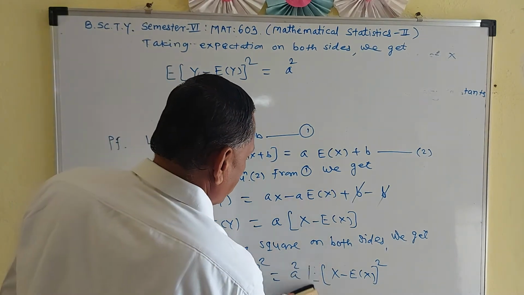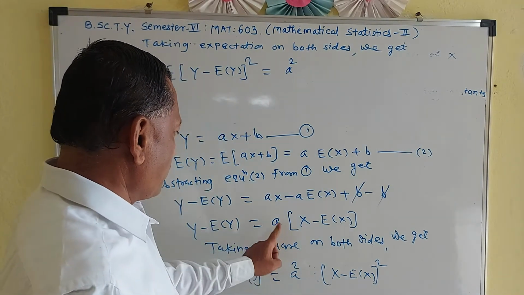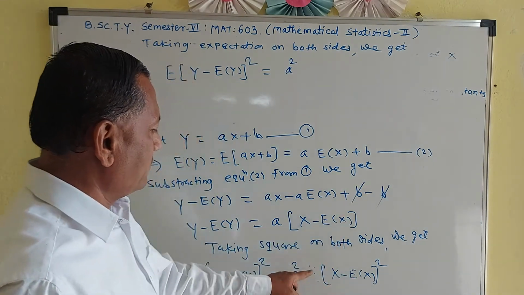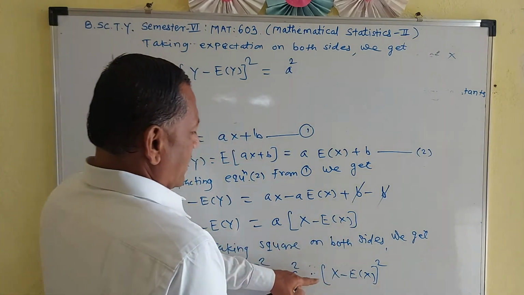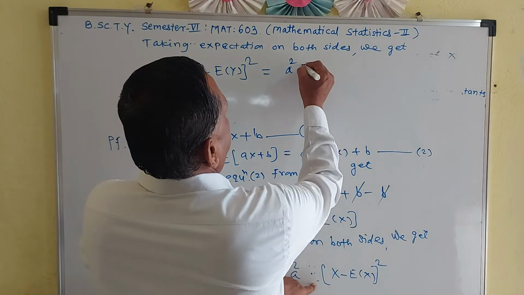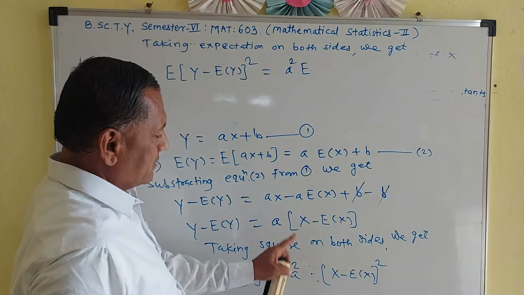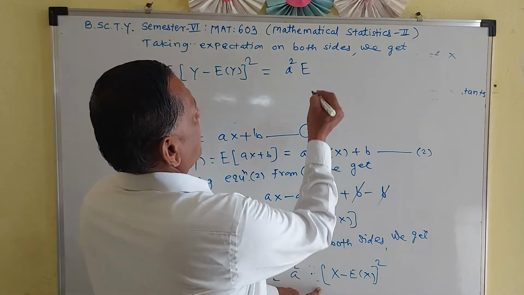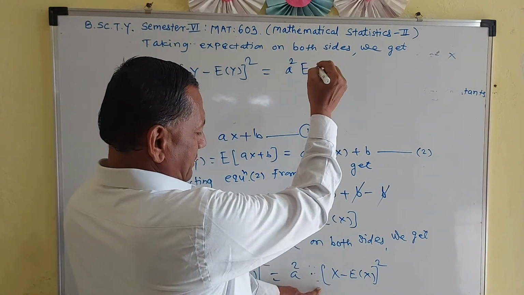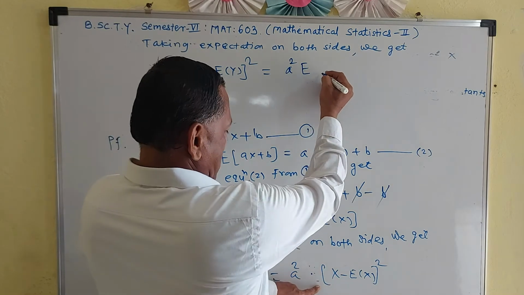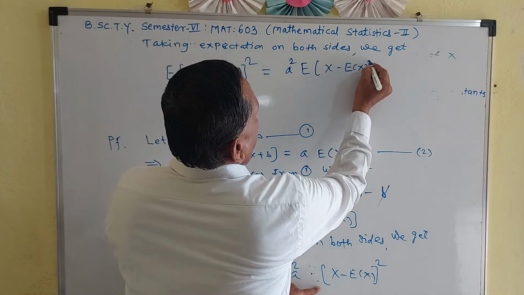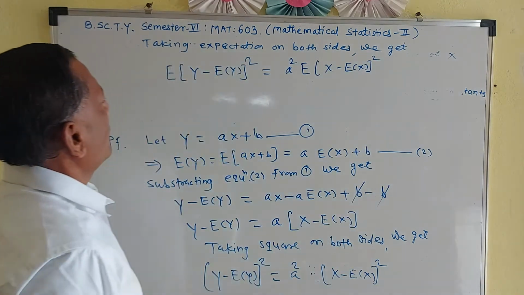Here we have not taken expectation, only squaring, and after that we take the expectation of (x minus E of x) whole square.